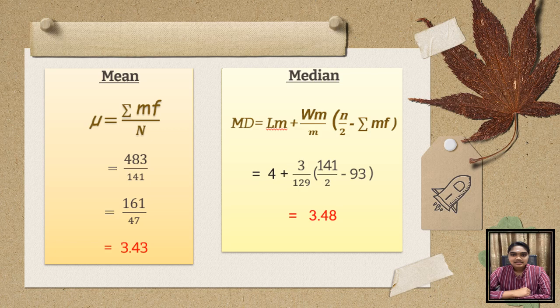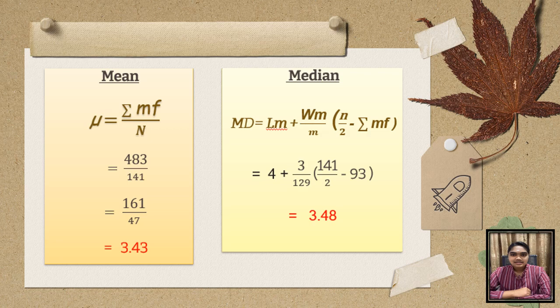The value of sigma mf is 483 and we received 141 responses. So 483 divided by 141 gives 161 divided by 47. We can show the answer in fraction or decimal form. In decimal form, the answer is 3.43.